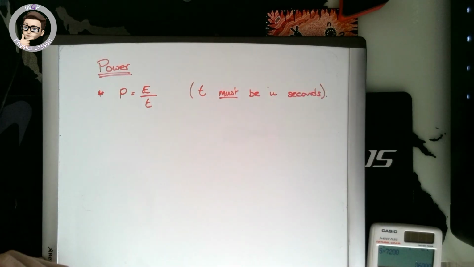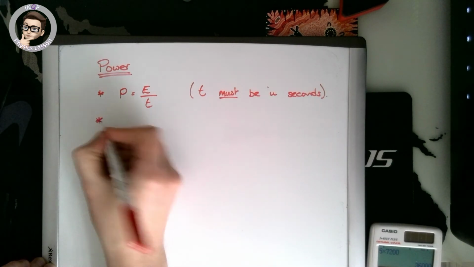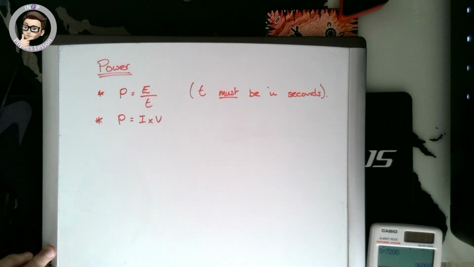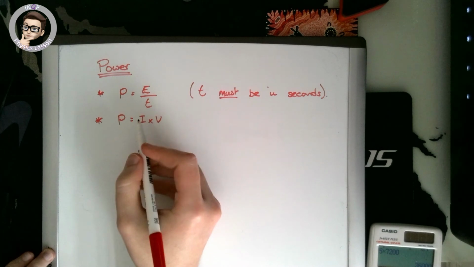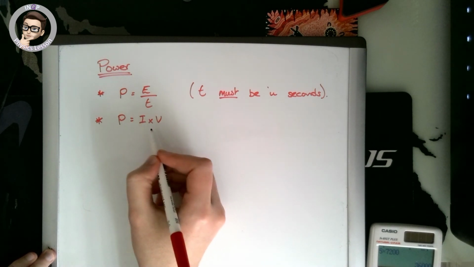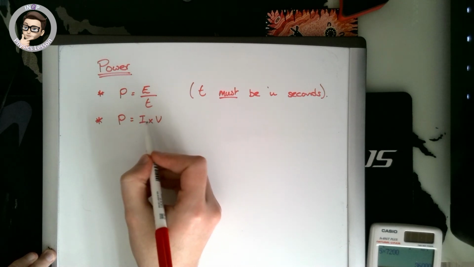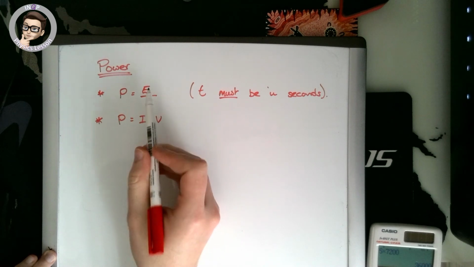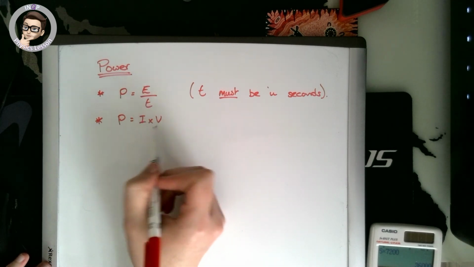There's our first one. We've also learnt that power equals current times potential difference. And remember that that comes from the fact that I is actually the change in charge divided by time. And the change in charge multiplied by the potential difference is in fact the energy. So we end up back at the same equation if we put those in.